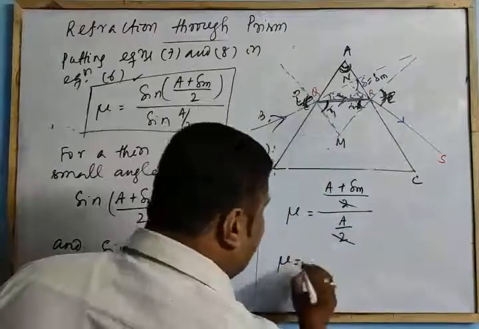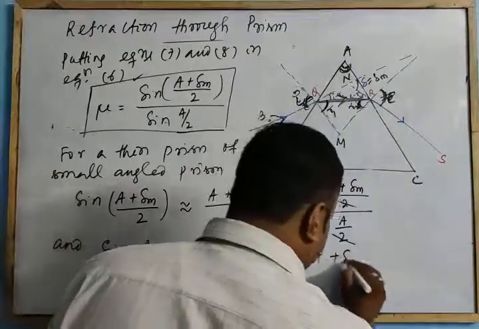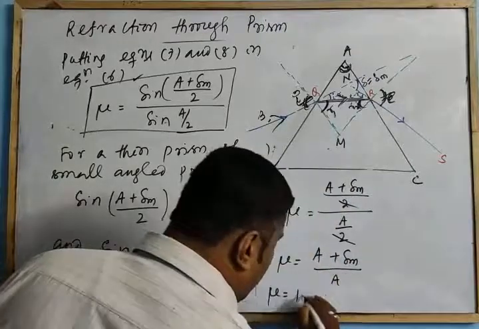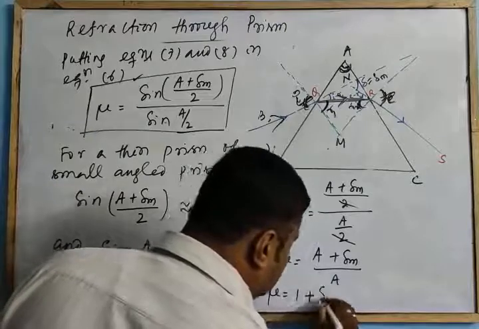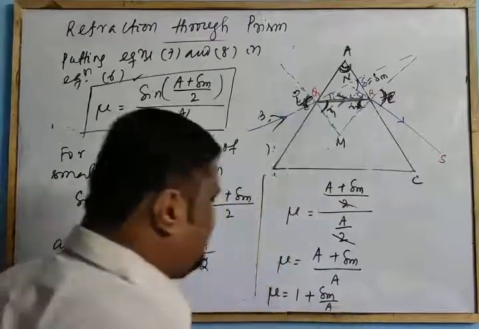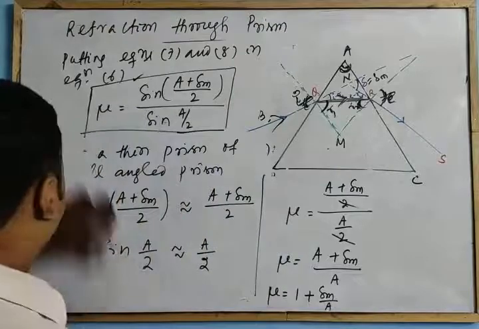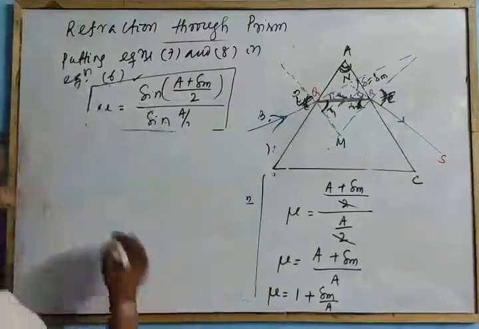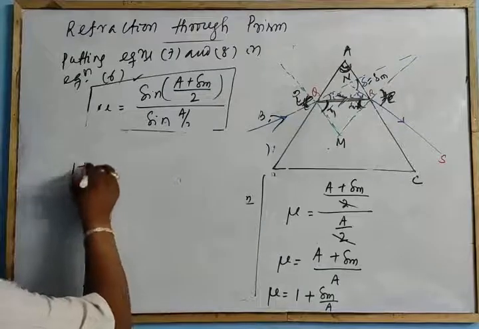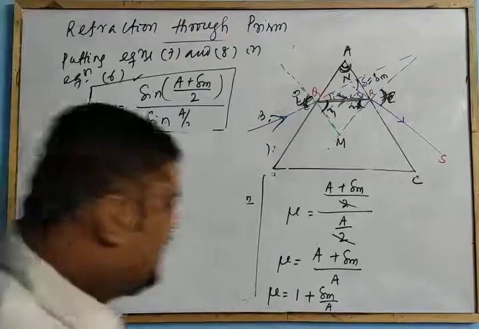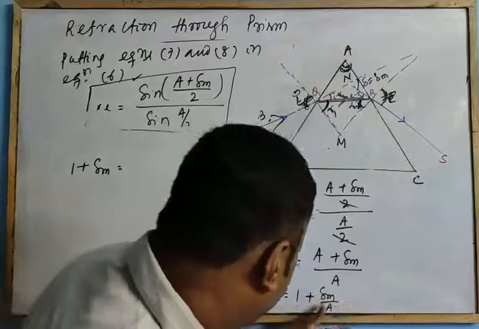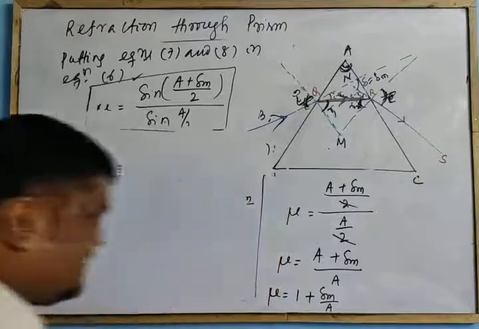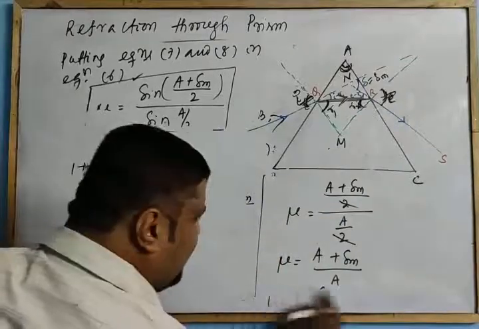Then mu is equal to A plus delta m by A, or mu is equal to A by A, 1 plus delta m by A. So A by A is 1 plus delta m by A. Okay?